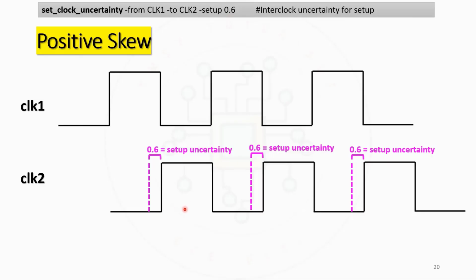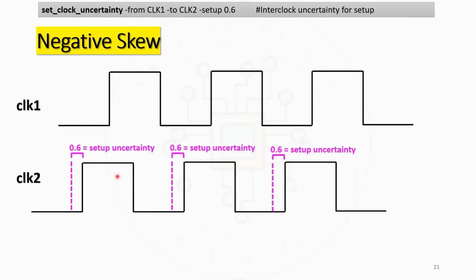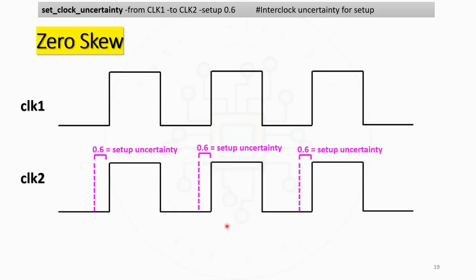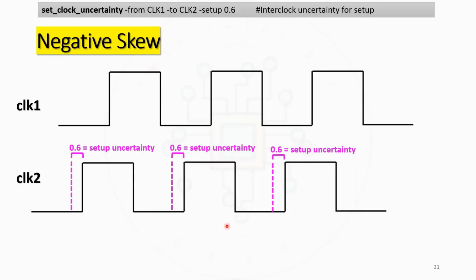If it is negative skew, clock 2 is pushed towards the left-hand side. So here the starting point is here, whereas clock 1 is at this point, and the value is again 0.6. See it clearly: this is zero skew, this is positive skew, and this is negative skew.